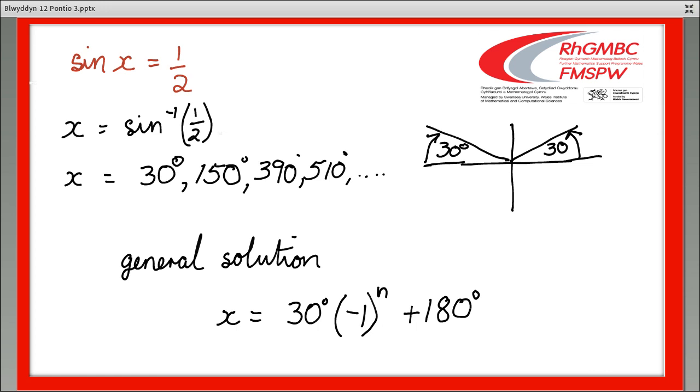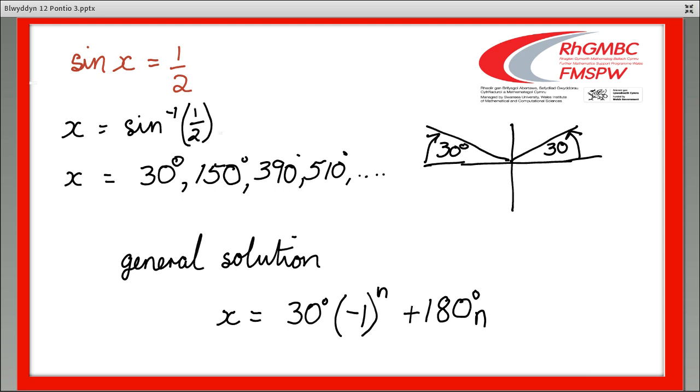Now the problem is, if I leave it like that, let's go back and do when n is 0. When n is 0, we've got 30 degrees plus 180, 210. Oh, that's not correct. I need to make that 180 disappear when n is 0. The simple option is I multiply by n.